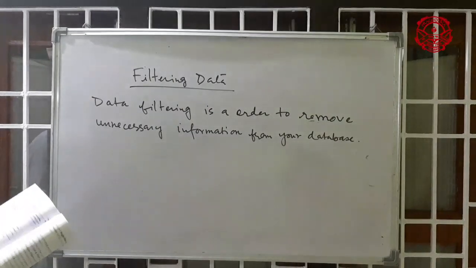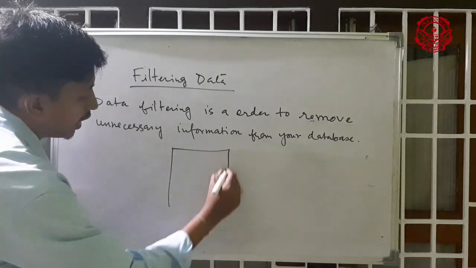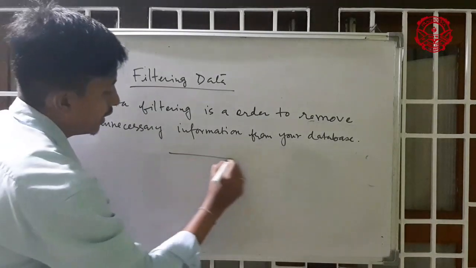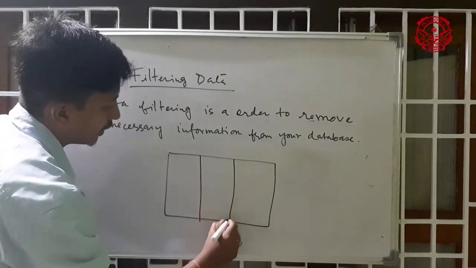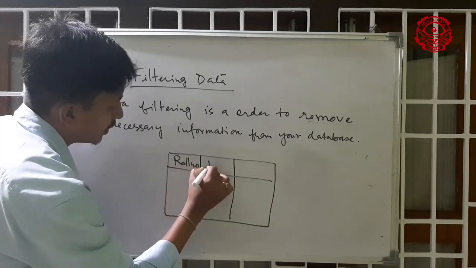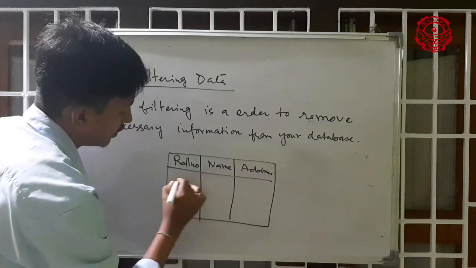Filtering means the unnecessary things will be removed. I have already told you, this is a student record table with roll number, name and address.